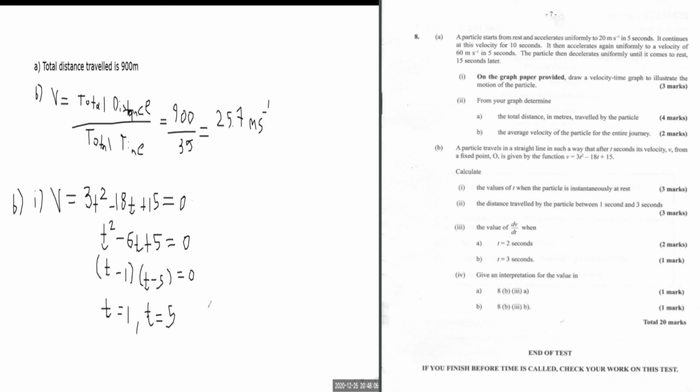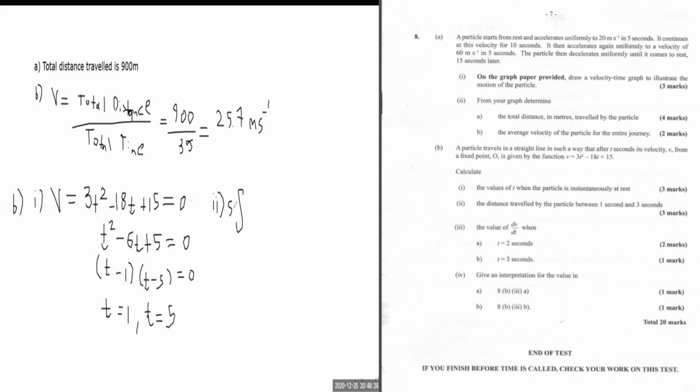Now it says the distance traveled by the particle between 1 and 3 seconds. So part 2, the distance traveled between 1 and 3 seconds.